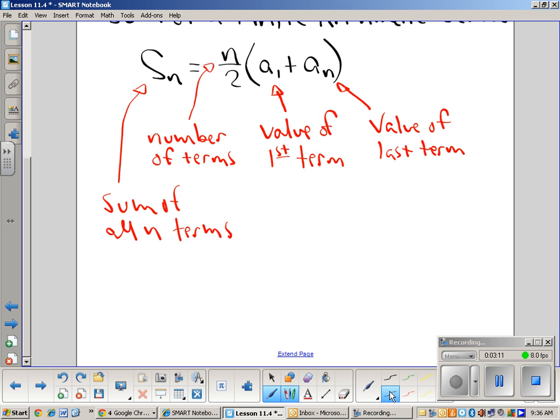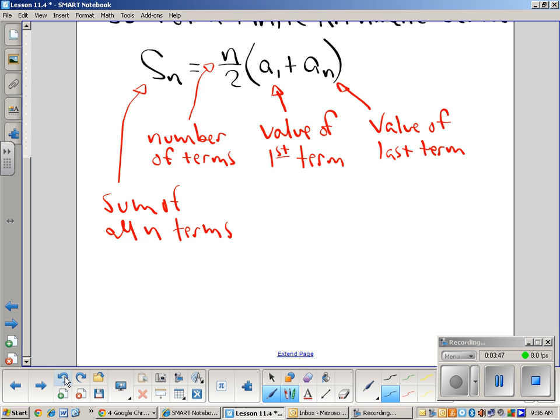Now, if I need to know the nth term first, if I need to know the 10th term, I say there's 10 terms in my series, then I might use an explicit formula like we did in lessons 1, 2, and 3 to find the value of that term, and then plug it in right here as the 10th term. I already know the first term, and I know there's 10 terms, so then I can find the sum of all 10 terms.